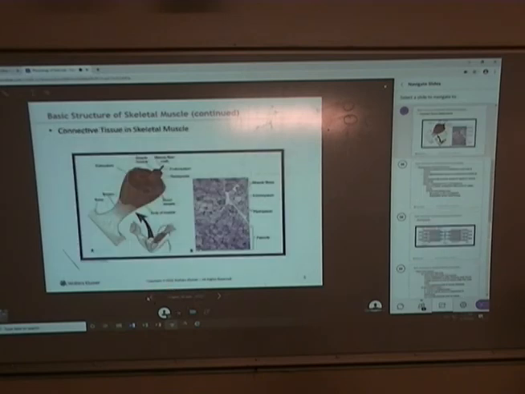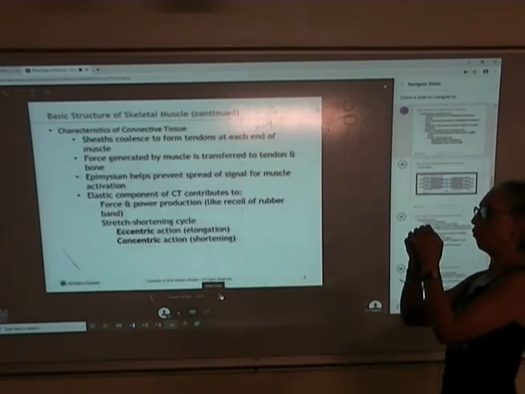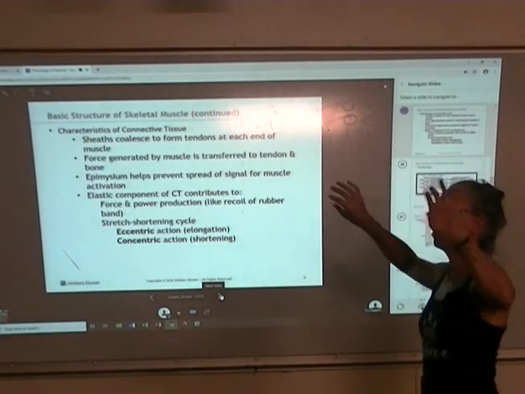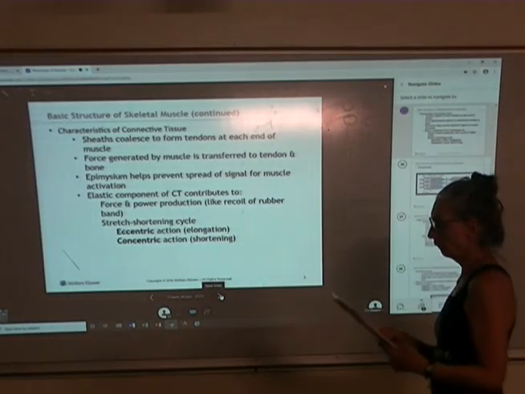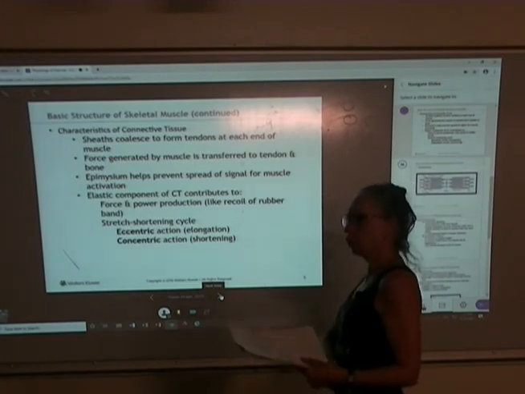So if we go back here, right, we might not want the whole thing to contract. So the signal may come just to some of these muscle fibers to contract, right? So the endomysium is responsible for preventing the signal from leaching into the fiber that's next door. Okay? And that gives us some control over this contraction.